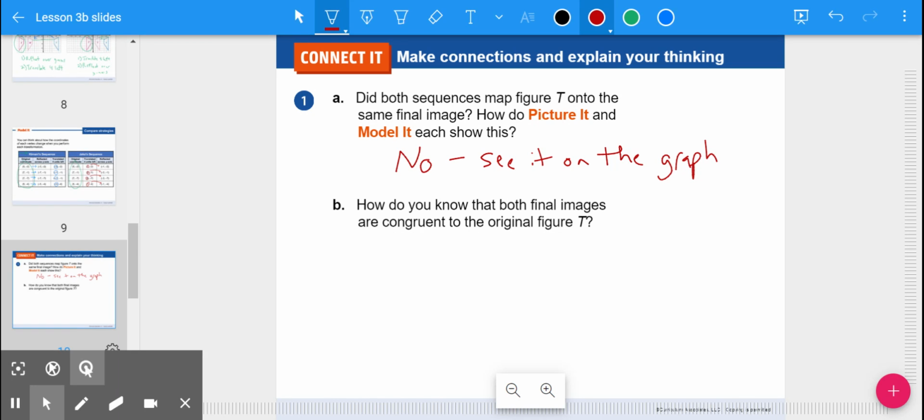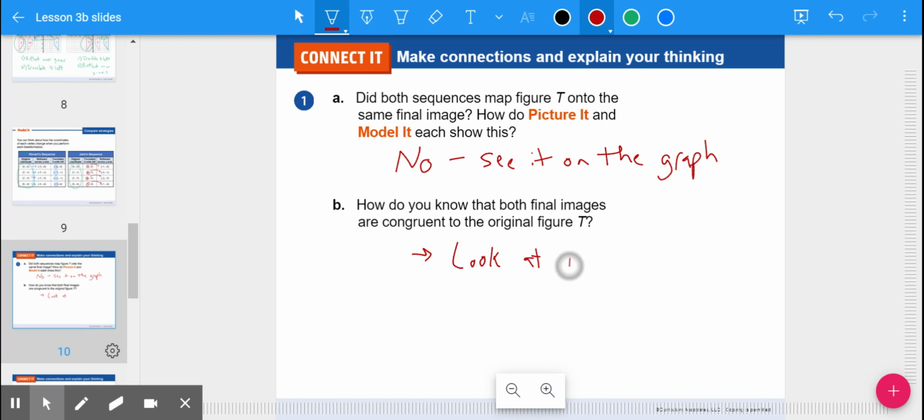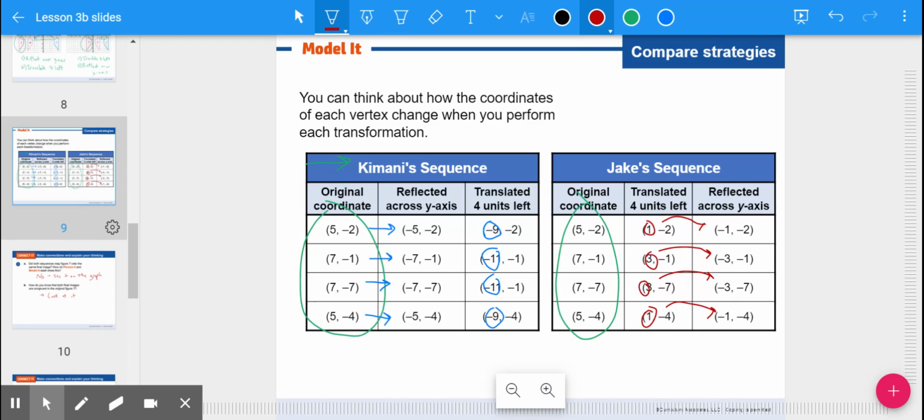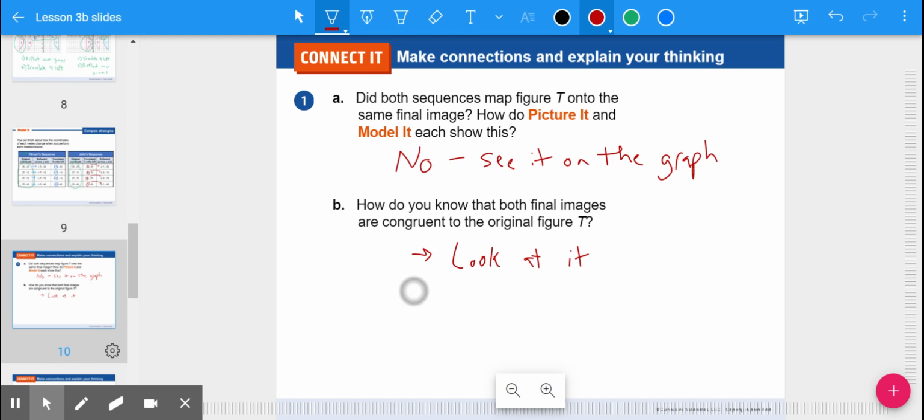Now, it says, how do you know that both images are congruent to the original figure? Well, you can look at it. I would say, number 1, look at it. Number 2, you can measure it or count.